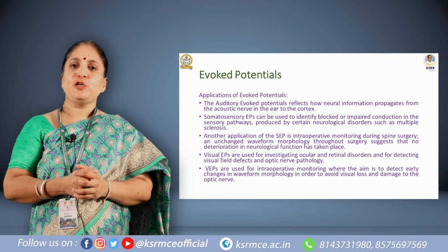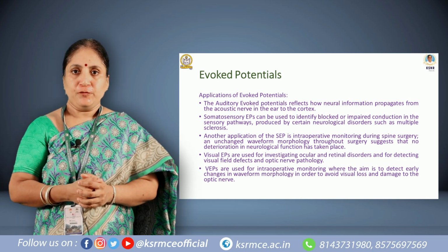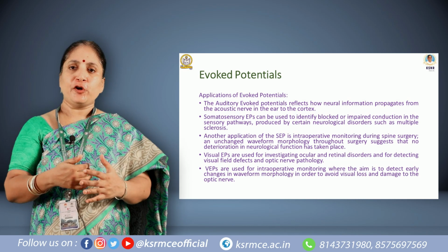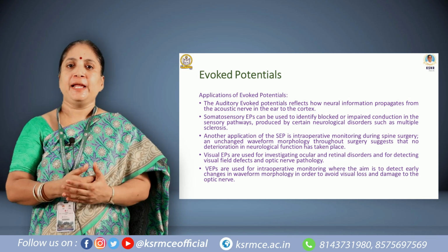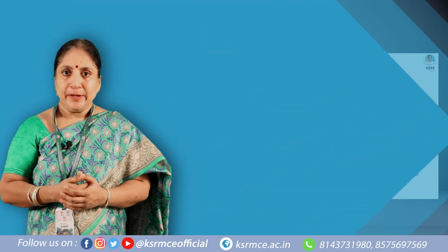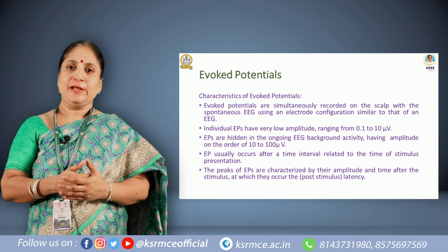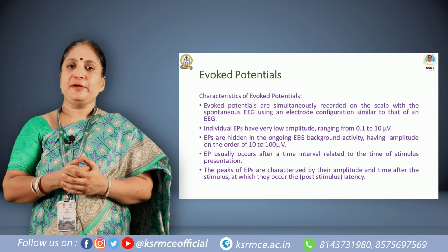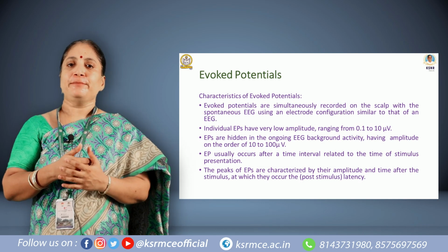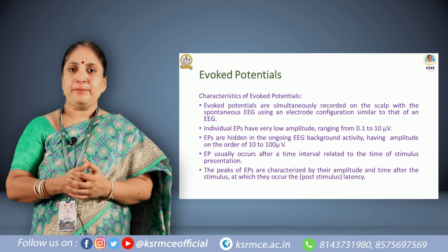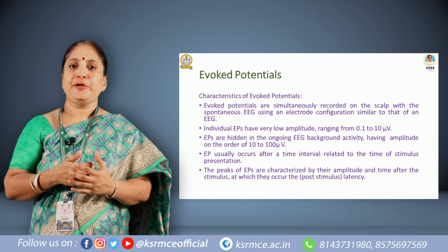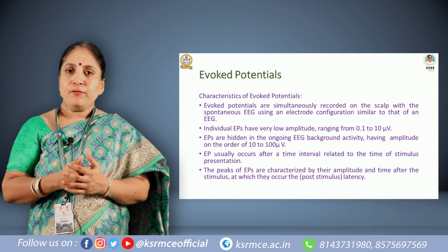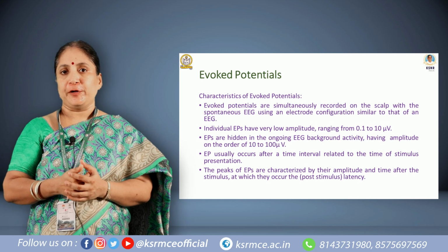Coming to the visual evoked potentials, they are obtained by applying visual stimuli. Coming to the characteristics of visual evoked potentials, the amplitude ranges from 0.1 microvolt to 10 microvolts, whereas the background EEG amplitude varies from 10 microvolts to 100 microvolts.